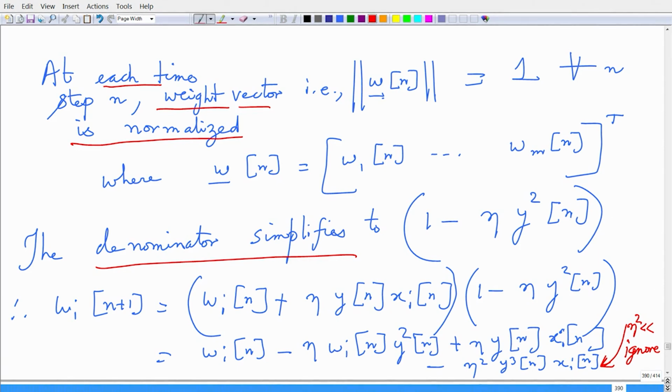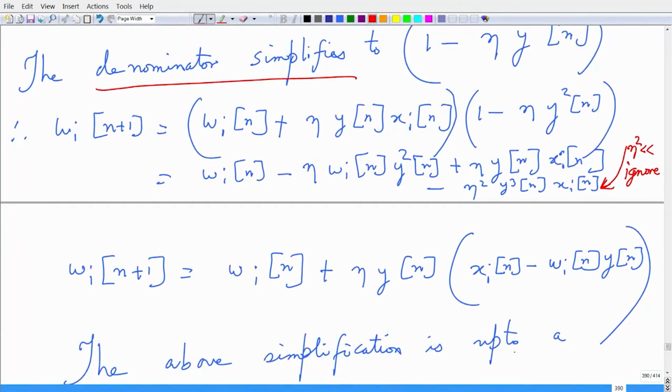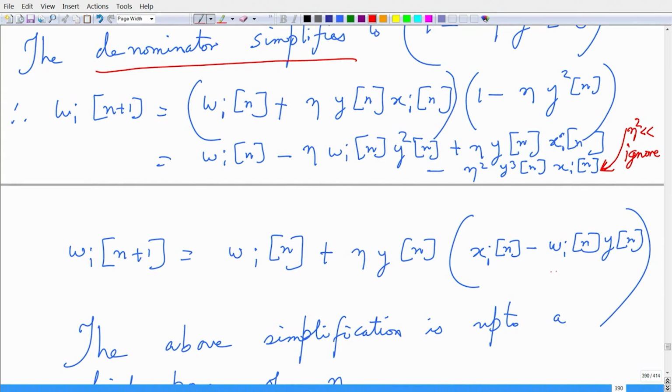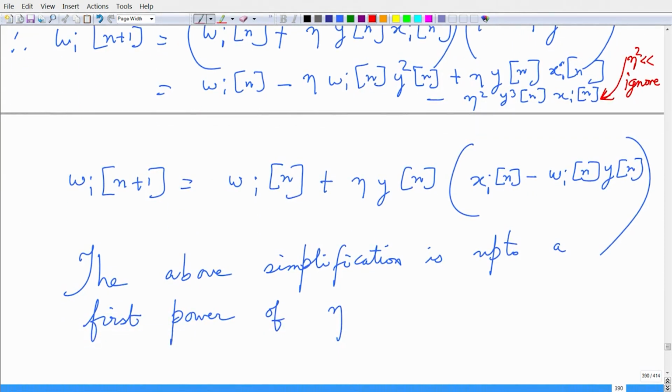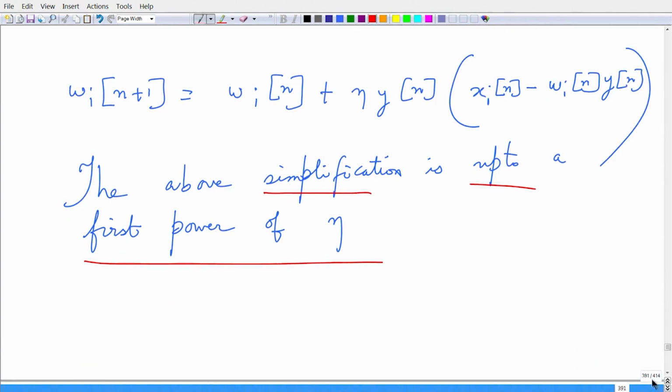So, wi at time step n plus 1 is wi of n plus, pulling eta y of n outside, xi of n minus wi of n y of n, right. This is a simplified update up to first power of eta. Clear? We have this simplification done.